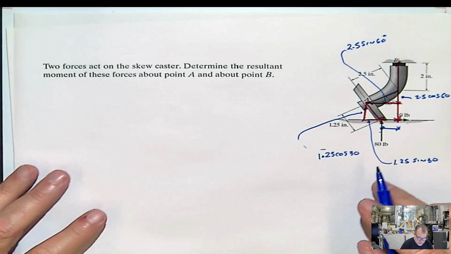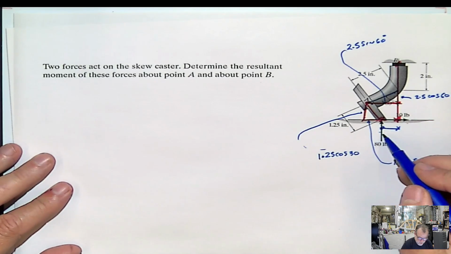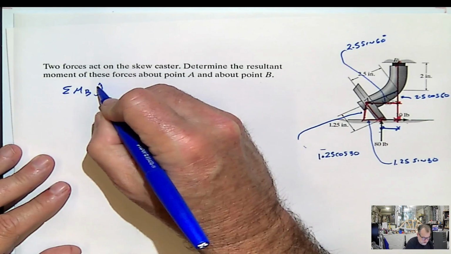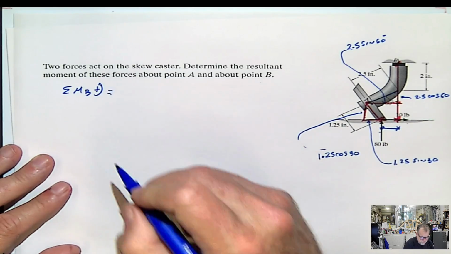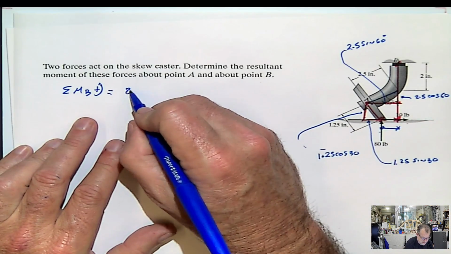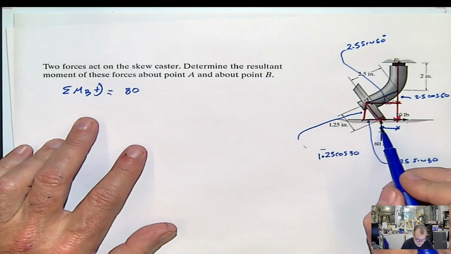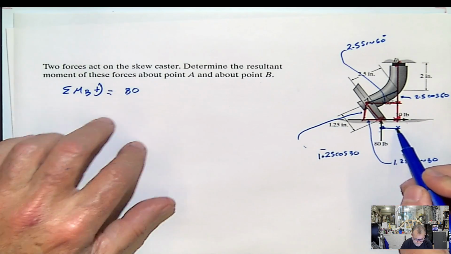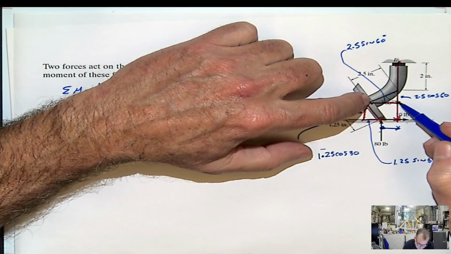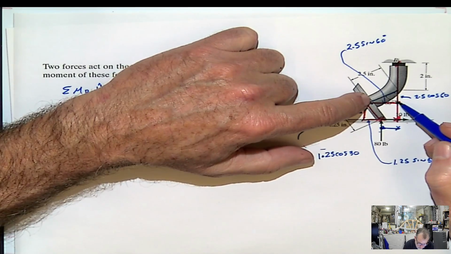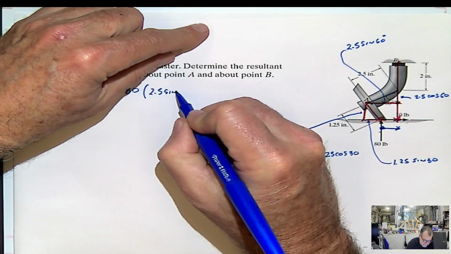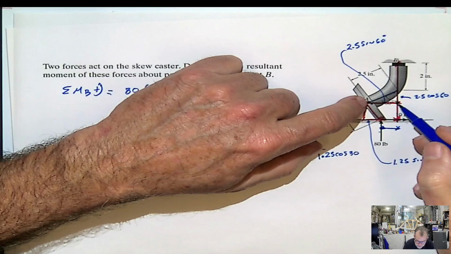Let's start with the vertical force. Summation of moments at B, and I'm going to say the same thing, counterclockwise positive. Let's start with the force of 80. So I'm going to have 80, that's the force, times the distance. We need this distance. Well, we know the total distance from here to here. That's 2.5 sine 60. And that will be this, right?